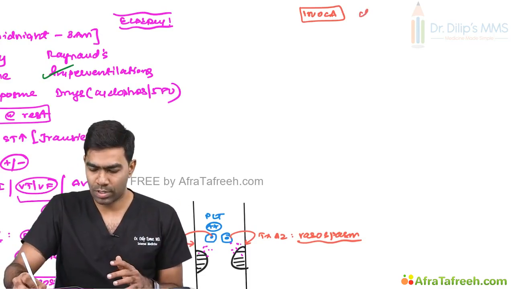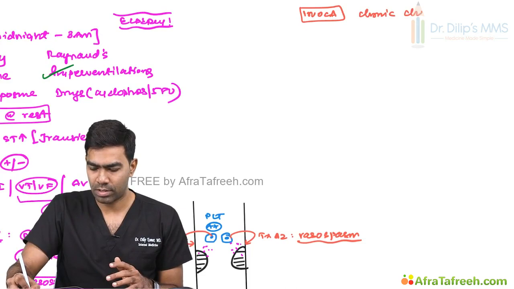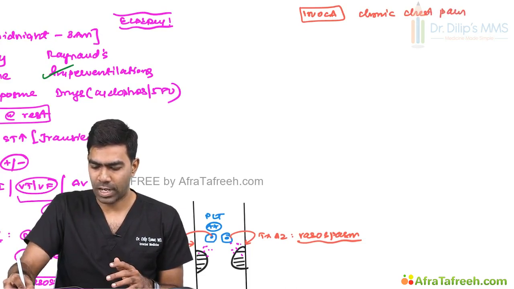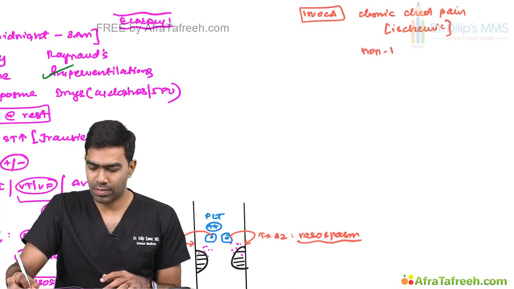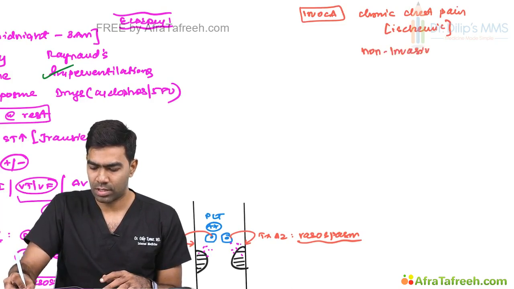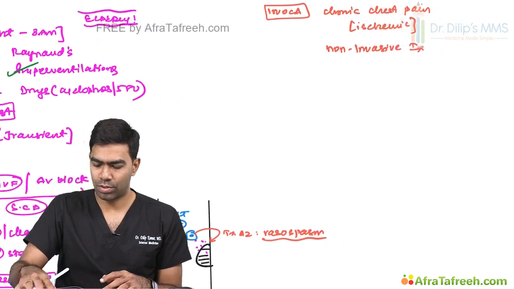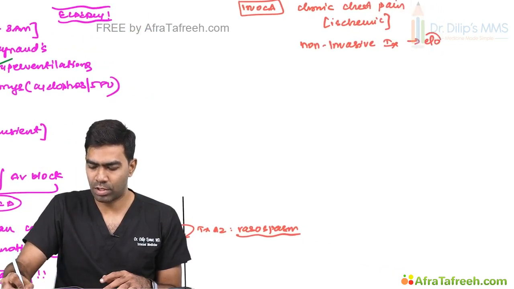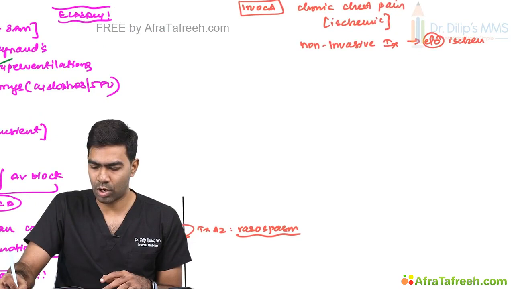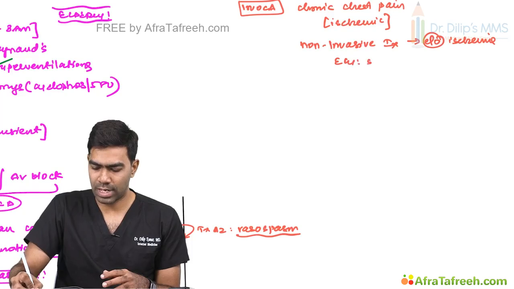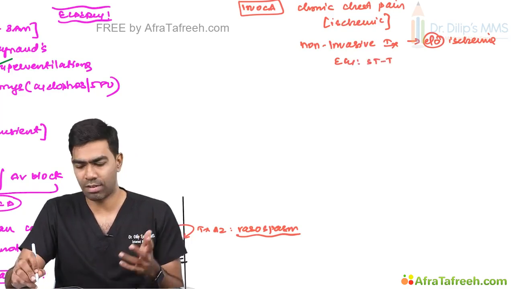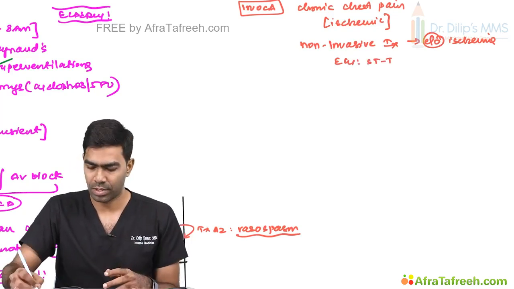Typically INOCA also presents with chronic chest pain, and typically this chest pain will be ischemic, which means you are satisfying a clinical criteria. Then some non-invasive investigations may also show ischemia. For example, ECG may show ST-T changes, that is ST depression and T-wave inversion, which are suggestive of ischemia.